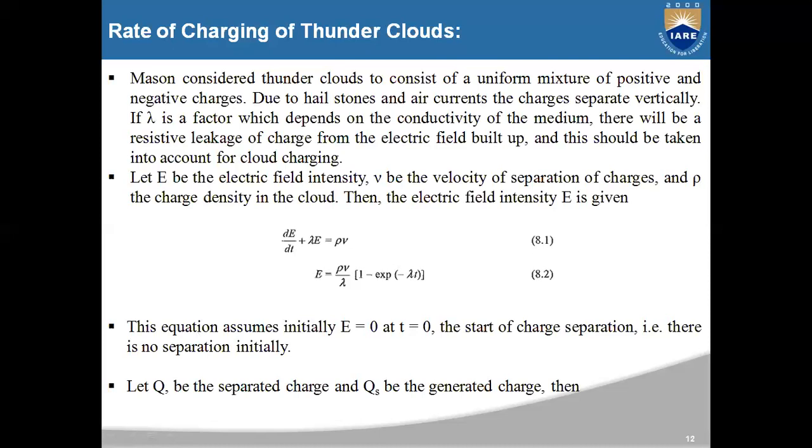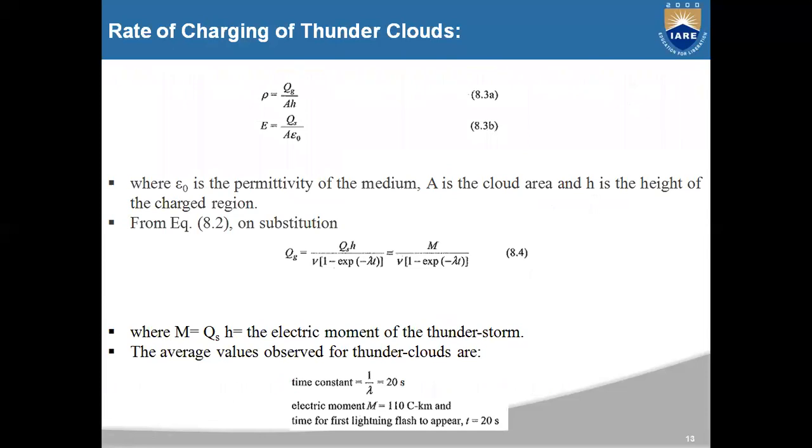Let Q be the separated charge and Qg be the generated charge. Then rho equals Qg by A H, and E equals Q by A epsilon naught. This is the dielectric medium. Here epsilon naught is the permittivity of the medium, A is the cloud area, and H is the height of the charge region.